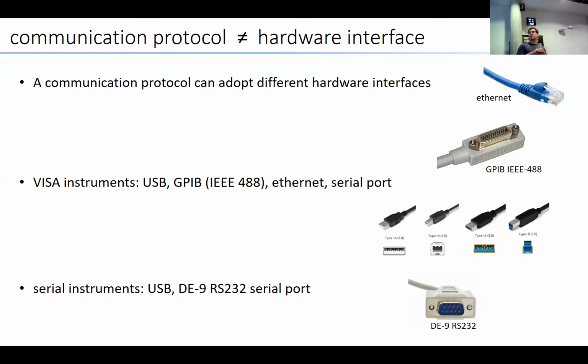One important thing that I want to get out of the way is that the communication protocol is different from the hardware interface. The communication protocol is what we talked about, VISA and serial, and it has, in principle, nothing specific to do with the hardware interface. So a communication protocol can adopt different hardware interfaces.